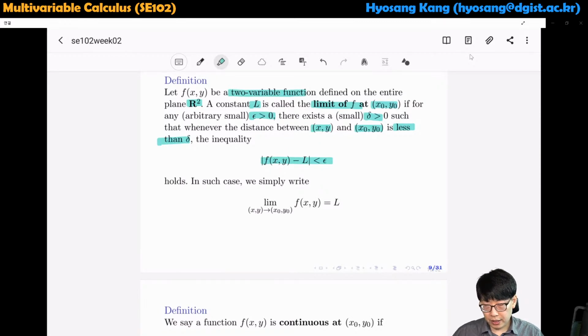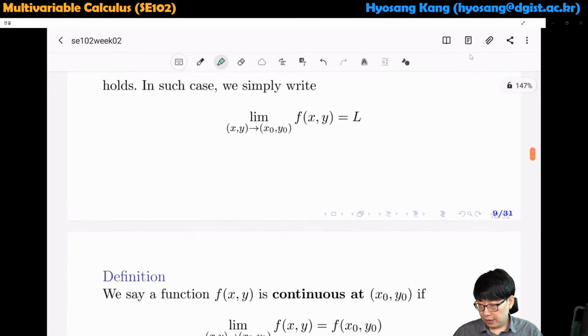So I will explain geometrically what this means. This is actually a definition from analysis, another subject of mathematics. In most of calculus textbooks, they don't talk about this definition.